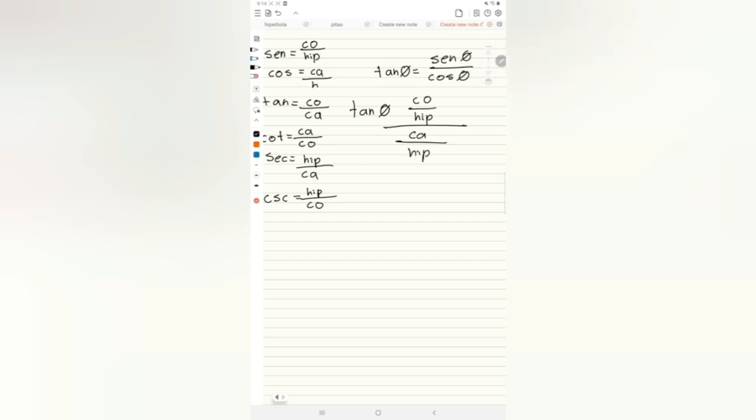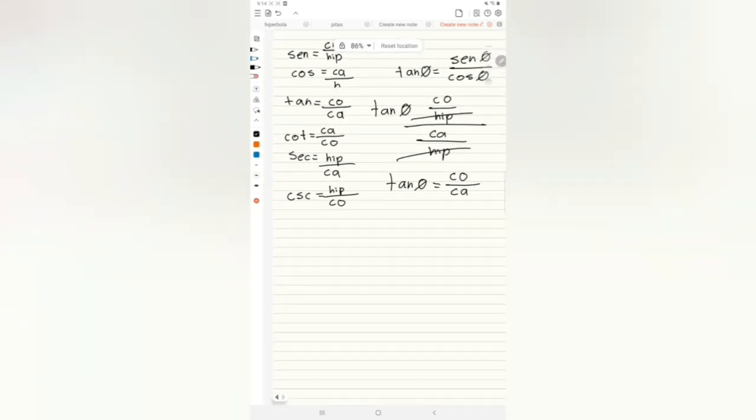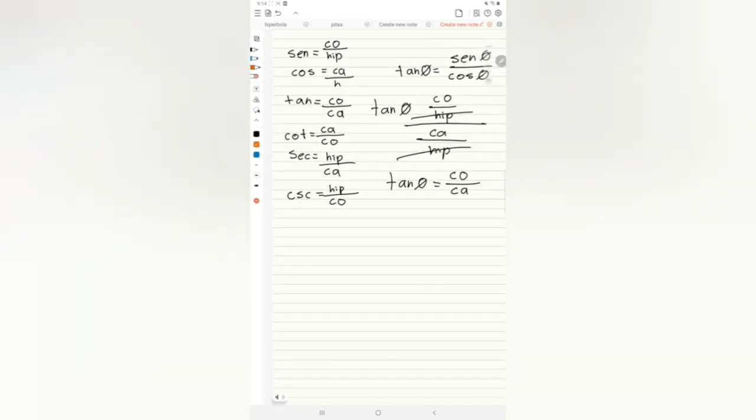Now we're going to be canceling this, and we can say that the tangent is equal to the opposite leg divided by the adjacent leg. And if we go to our functions, we can say that this is equal to the tangent. Here we have it. So we're going to put that tangent of the angle is equal to tangent of the angle, and we have demonstrated the first identity.